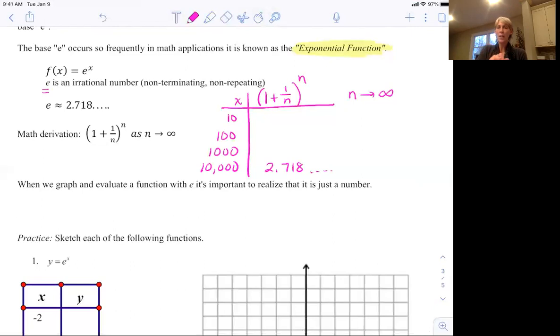If you want to try it on your own and play around with the numbers, you can. But this is how this number came about.